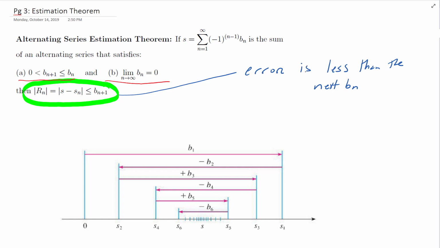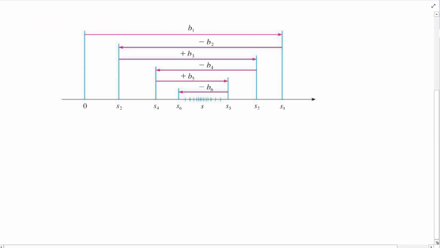Now let's see why that is going to be a true statement here. So here is our chart again, and we're assuming our terms start off b1 minus b2, just like in the first page of the notes. So if I look at S sub 2 right here, in other words, S sub 2 is b1 minus b2 for this picture. Then we're going to have an error here.